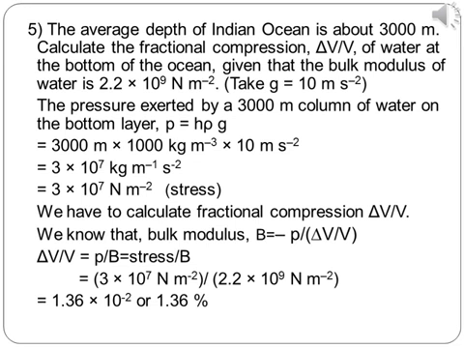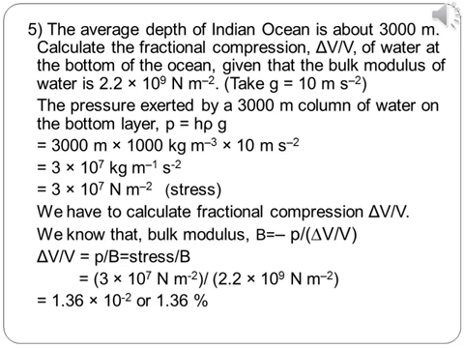Let H be the depth of water column and rho be its density. Then what should be the pressure exerted by this water column of the depth H? It is H rho G. So the pressure P is equal to H rho G, where H is equal to 3000 meter, rho is equal to 1000 kilogram per meter cube, which is the density of water, and G is equal to 10 meter per second square.